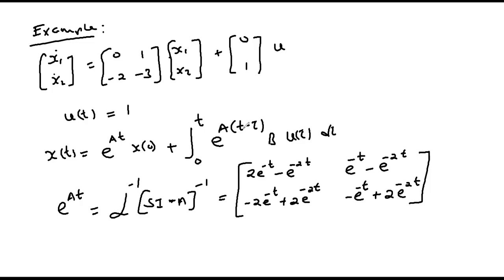Next, we need to determine exponential A into t minus tau, and we said in the state transition matrix, where there is t, we replace that with t minus tau. And therefore, in this expression, where there is t, we replace with t minus tau to get our exponential A into t minus tau as the matrix.